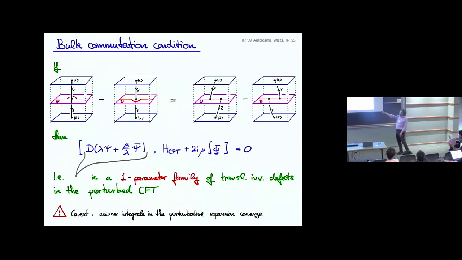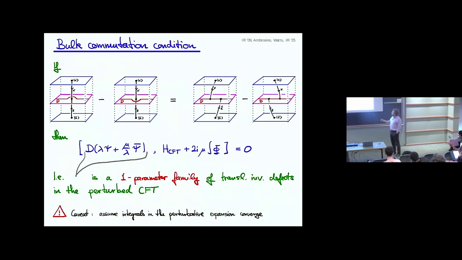Well, here it is. If the commutator of the bulk field with the defect is equal to the commutator of the two boundary fields, the chiral and the antichiral one, then the perturbed defect commutes with the perturbed Hamiltonian.